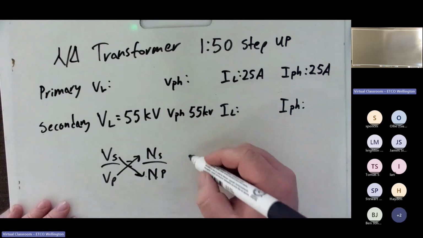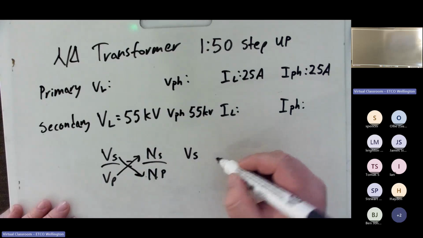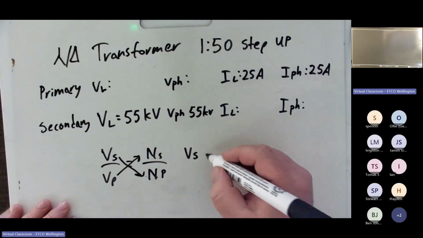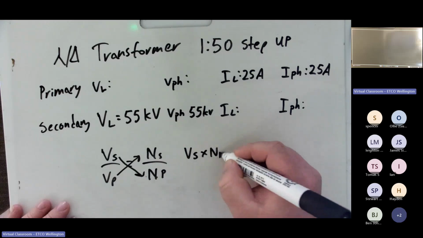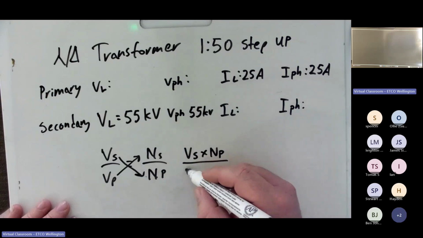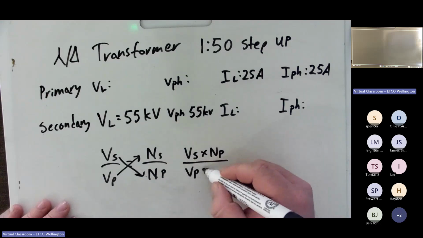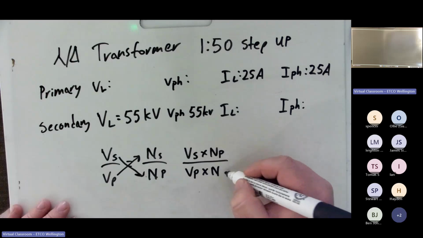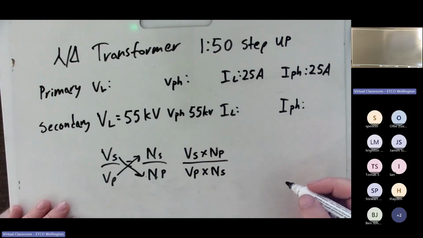So we can take our voltage secondary, multiply it by the number of turns in the primary, and divide that by the voltage primary times the number of secondary. Cool.